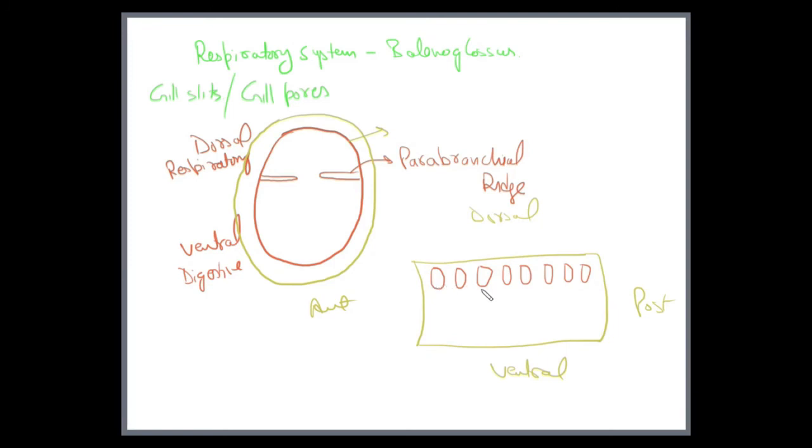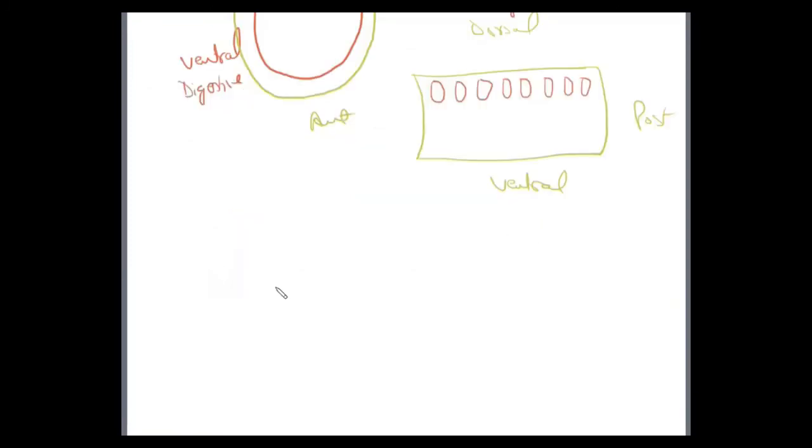Okay, they are on both sides, left and right. In actual, these gill slits, which I said are oval, are not oval, but U-shaped. Actually, the dorsal pharyngeal wall invaginates the gill slit from the dorsal side, like this. So if you see a bigger diagram, suppose this is a single gill slit.